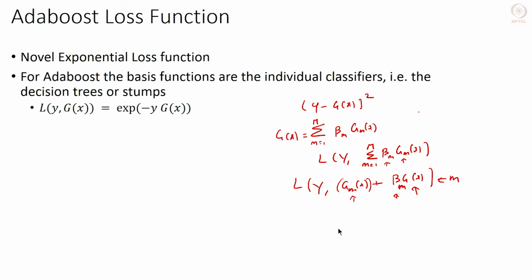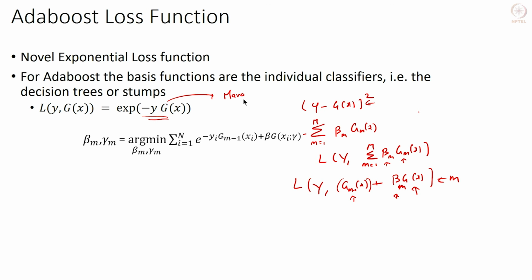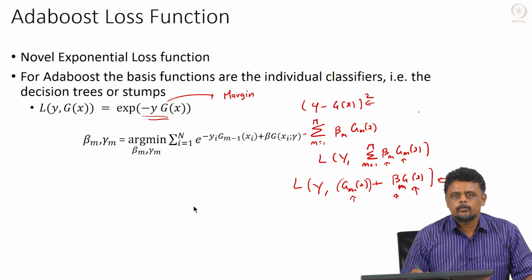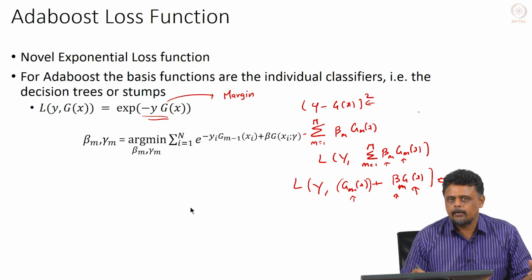And so, we saw how this works for the least squares cost function. Instead of the least squares cost function, if you use an exponential loss, what does it look like? This L is given by this function, where this particular term y times g of x is the margin. You can think of it as the distance of the data point from the classifier.